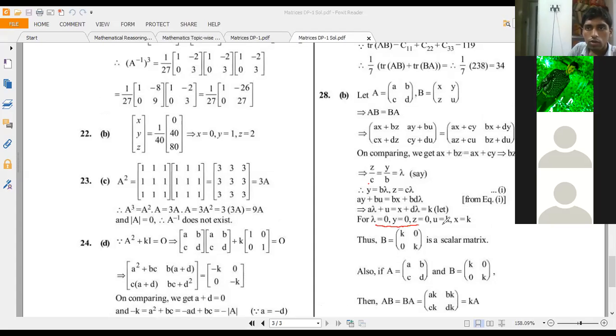Z and y will be 0 and u and x will become k. This is a scalar. A is not a scalar as of now. B becomes a scalar. B is a scalar. Okay, this is fine.